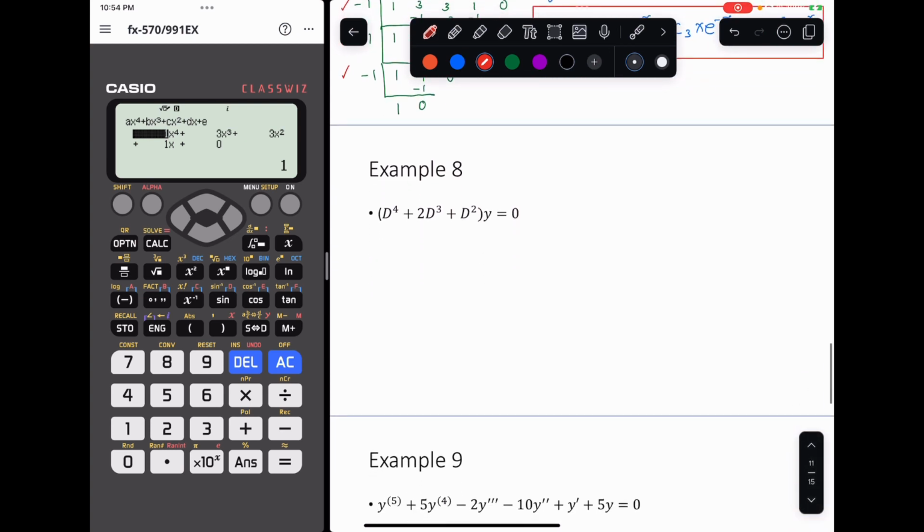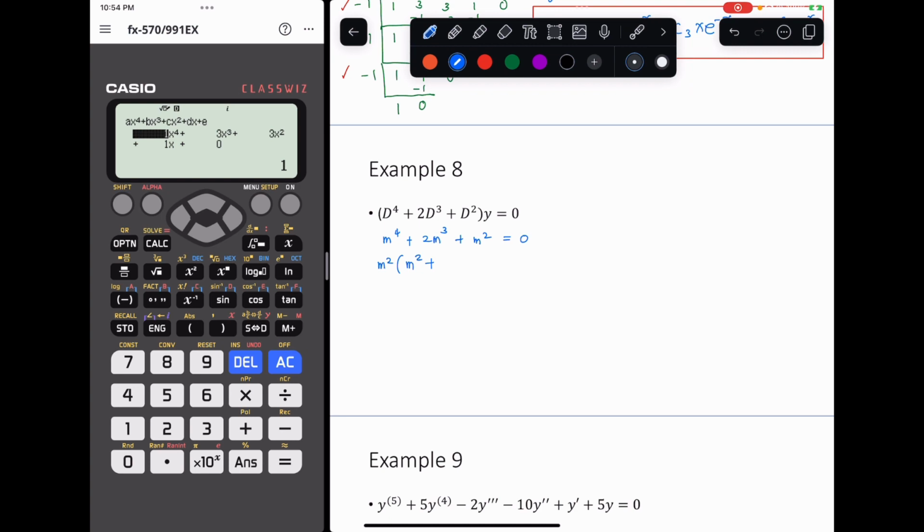For example number 8, we have m to the fourth plus 2m cubed plus m squared is equal to 0. So I guess we can do factoring here. m squared is common. So m squared. Then I'll have m to the fourth divided by m squared is m squared.